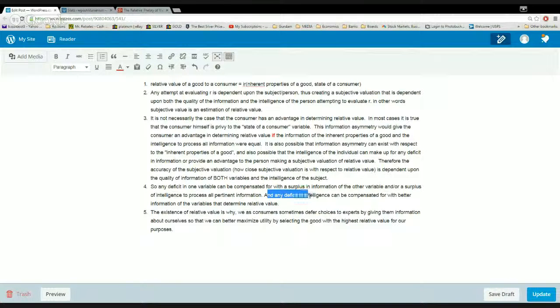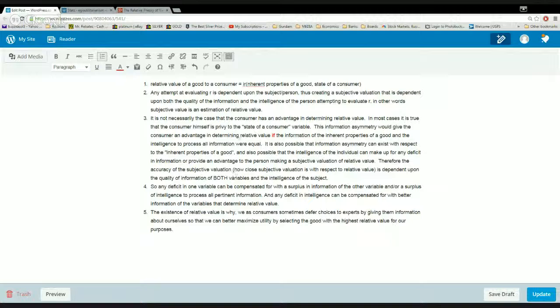And any deficit in intelligence can be compensated for with better information of the variables that determine relative value. The existence of relative value is why we as consumers sometimes defer choices to experts by giving them information about ourselves so that we can better maximize utility by selecting the good with the highest relative value for our purposes.